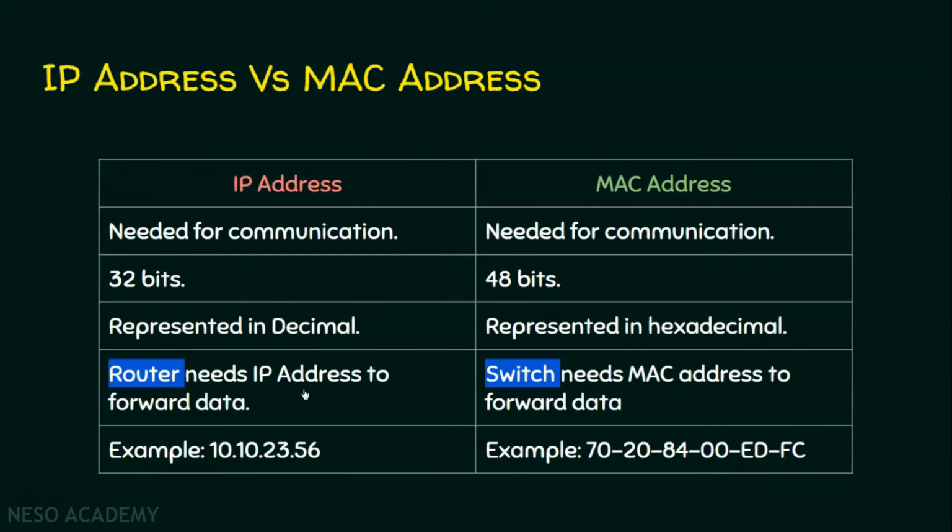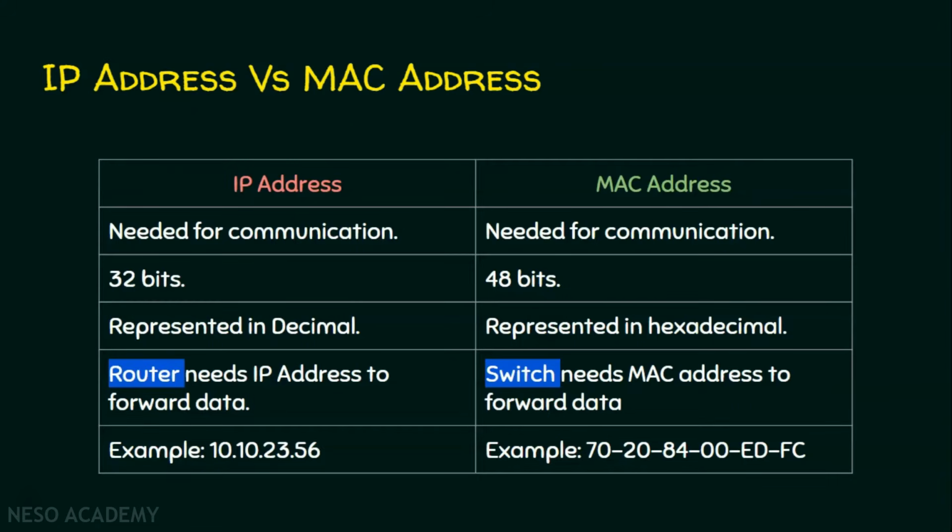A router needs IP address to forward the data, whereas a switch needs MAC address to forward the data. This is an example IP address which uses dot as the separator, 10.10.23.56, whereas 70-20-84-00-ED-FC is an example MAC address. We will be studying about IP address and MAC address more in the TCP/IP layering as well as in the OSI reference model.